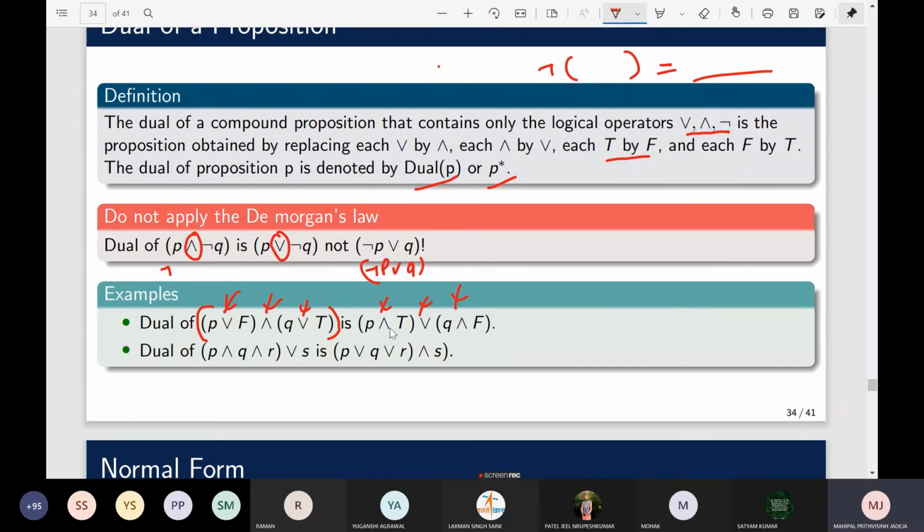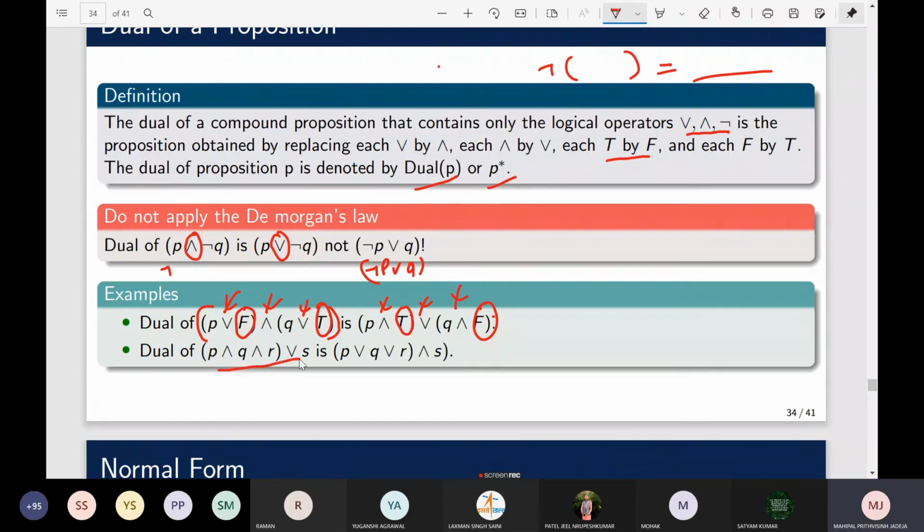So these things we need to replace. Apart from that, we also need to replace this F by T and this T by F, right? So that is nothing but dual of this particular compound proposition.